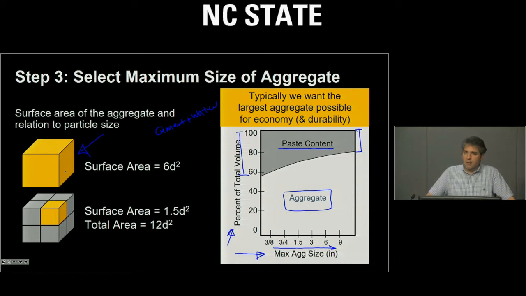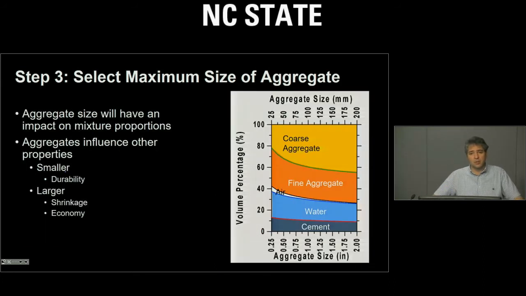You can use very complicated mathematics to figure that out. And if we reduce the size of that aggregate, for example, if we break all of the dimensions in half, suddenly we see that the total surface area has increased. Therefore, we need more paste to be able to cover all of those surface areas. Therefore, we always want to put the largest aggregate possible inside our mixture.